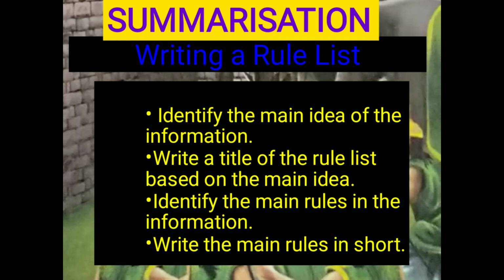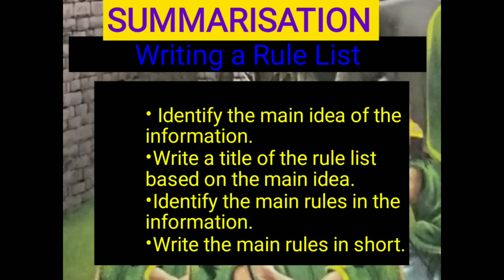Then what did we do? We wrote the title of the rule list based on the main idea, isn't it? We have written titles like three types of sentences and enigmas, using helping verbs in past and present, and then at last stressing different words in different sentences, right? That is what we have written as titles. Then what did we do after that?